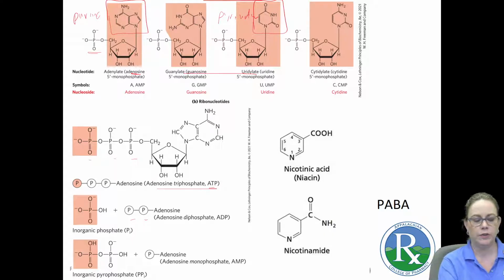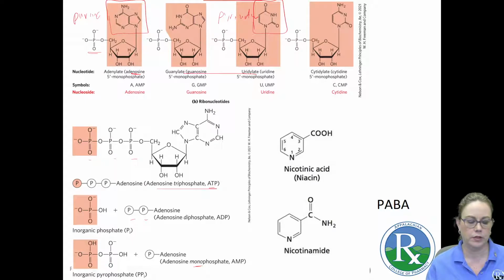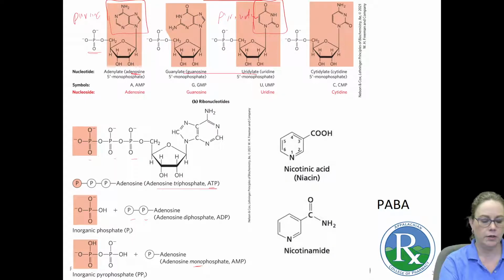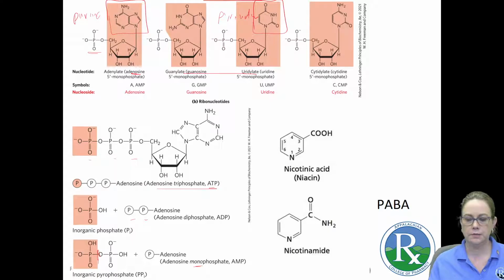The structure of inorganic phosphate is shown to the left of that. And our adenosine monophosphate just has a single phosphate bound to it, and the structure of inorganic pyrophosphate is shown there to the left. This can also be hydrolyzed to give you 2 molecules of inorganic phosphate.